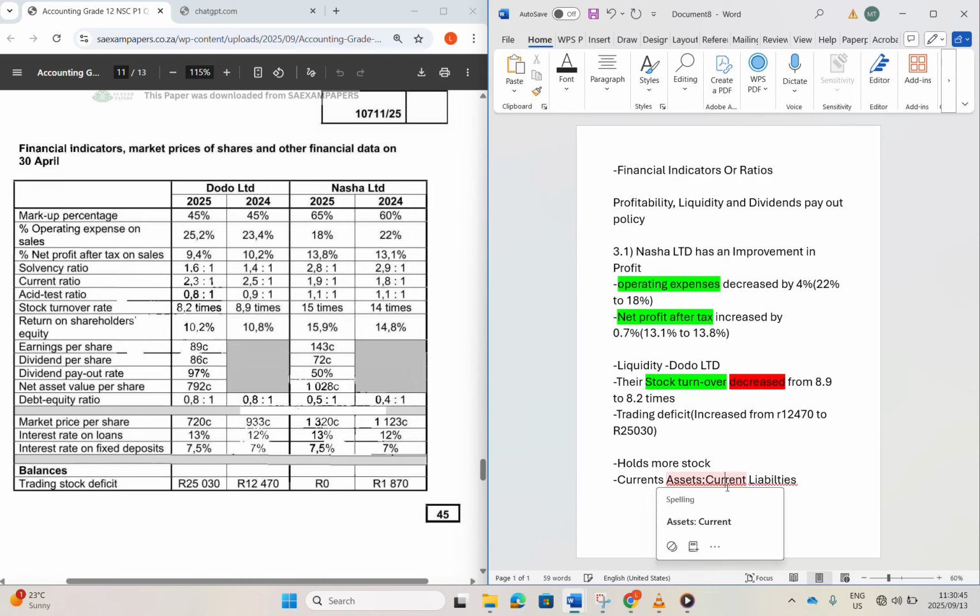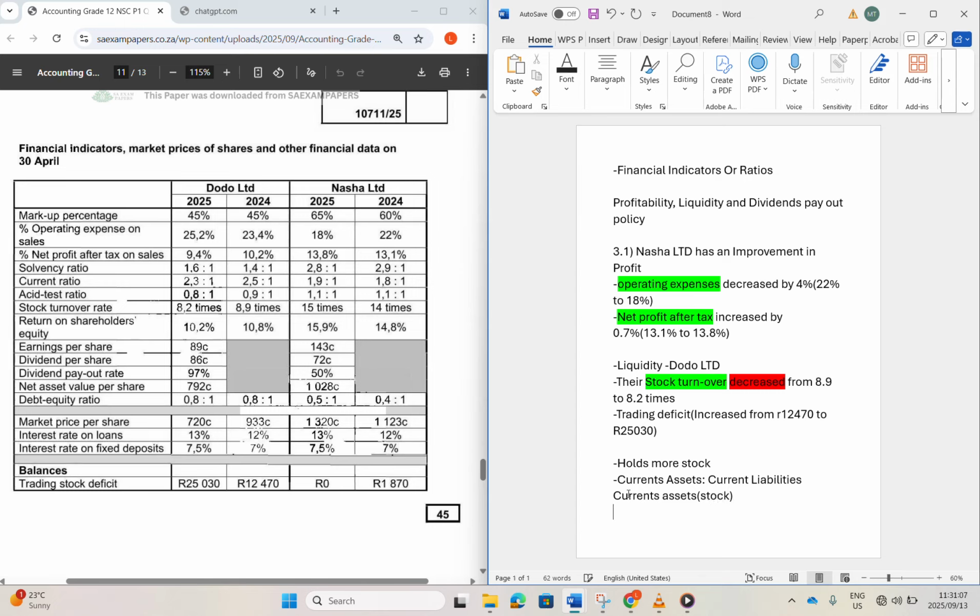So this is our current ratio formula. So if you compare the current assets here, we know that inside our current assets we have our stock.